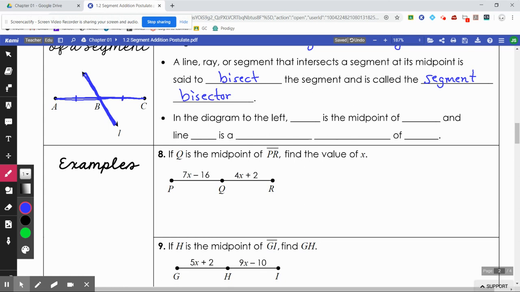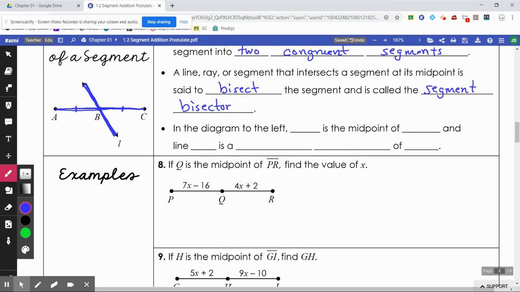Next up, in the diagram at the left, now we're going through all the different pieces, and let's label them here. In the diagram at the left, point B, because it is a point, is the midpoint of AC. You put your line segment. It's not a line. AC is a segment. So let me read it again. Point B is the midpoint of AC.